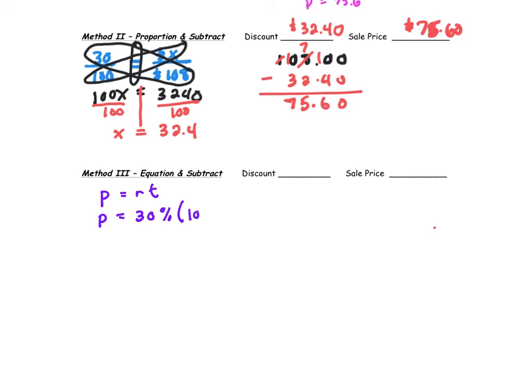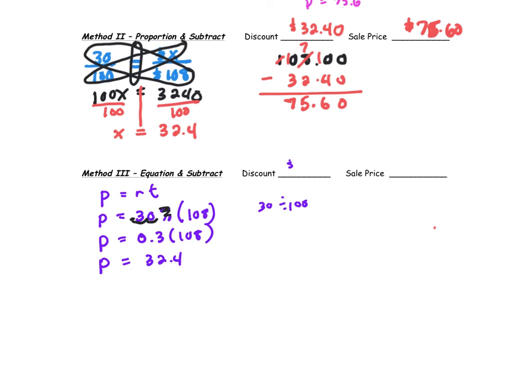The total amount of the bike is 108, and we're going to divide 30 by 100 to get this percent in decimal form, or we're going to take the decimal and scoot it 2 times. When you divide by 100, that moves the decimal back twice. So we're going to get 0.3 or 0.30, whichever you prefer. And when we multiply that, because we did the same exact equation up above, we're going to get 32.4.